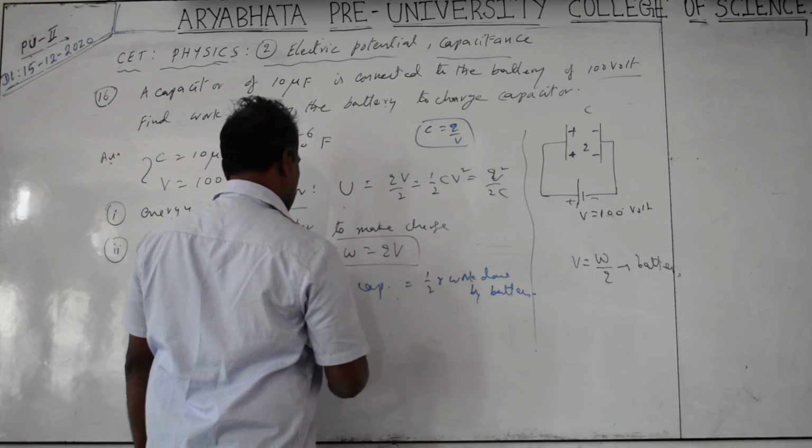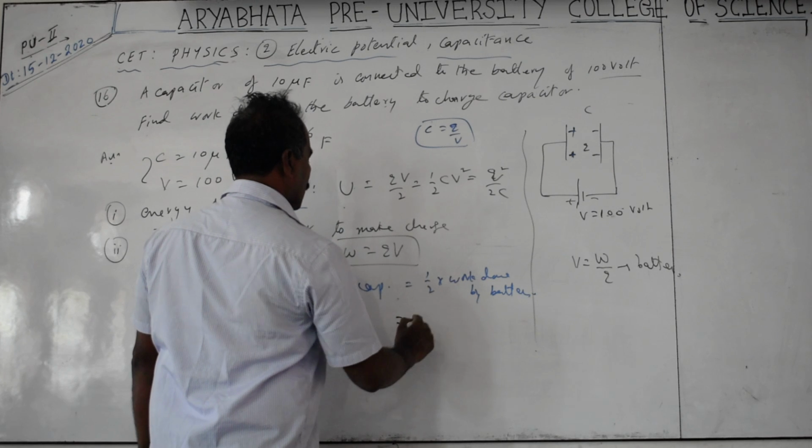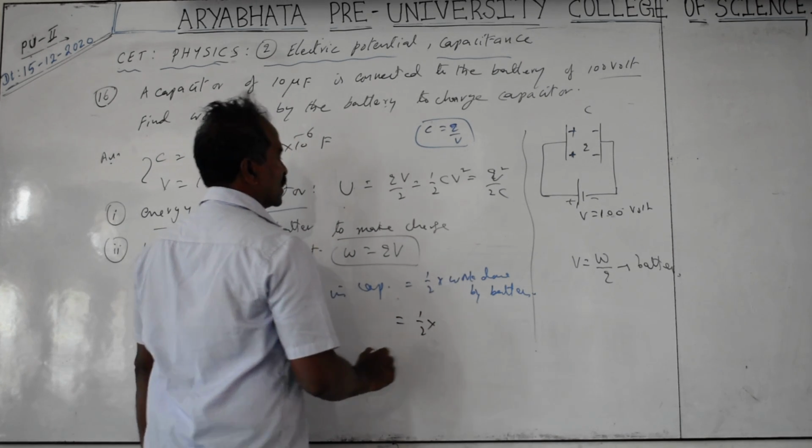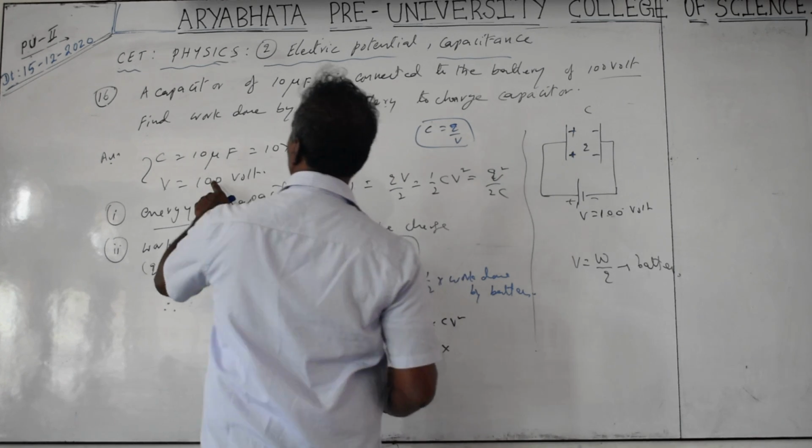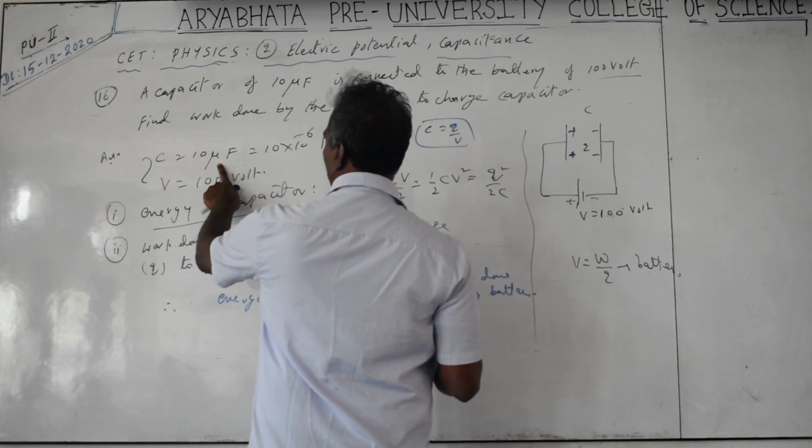Energy stored is equal to half into C into V square. This is the energy stored I am calculating.